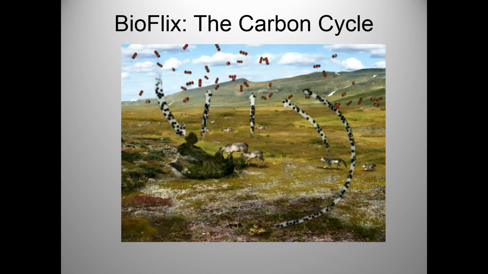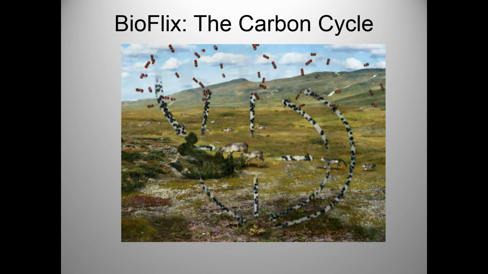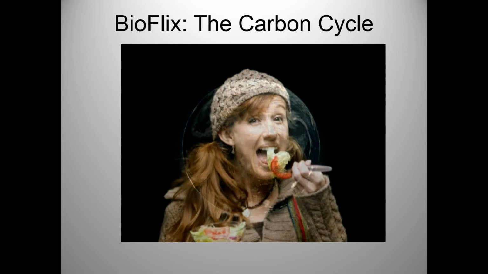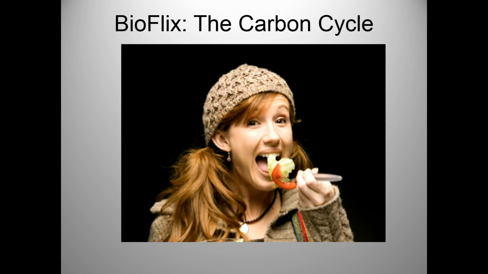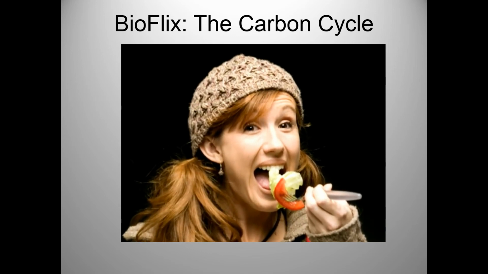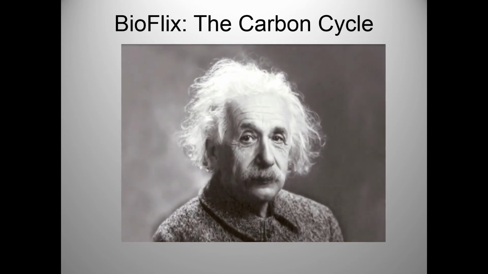The global carbon cycle involves living things on land and in rivers, lakes, and oceans. And by the way, considering the huge number of carbon atoms in each person and how quickly carbon atoms move through the carbon cycle, there is almost certainly a little of Einstein in each of us.